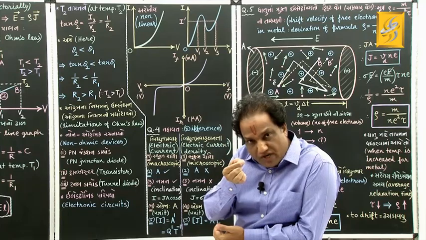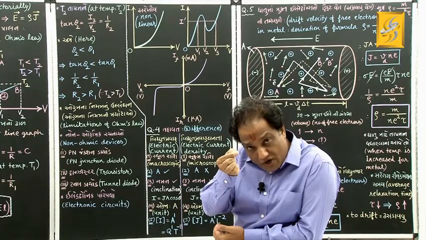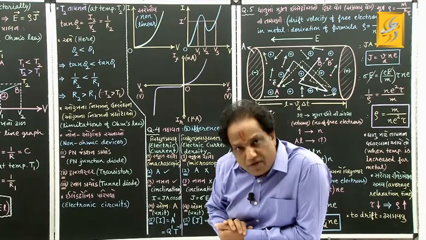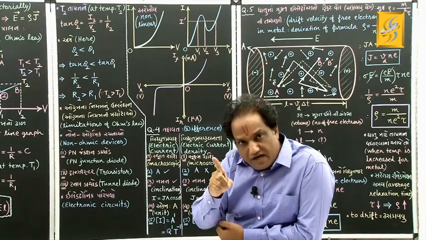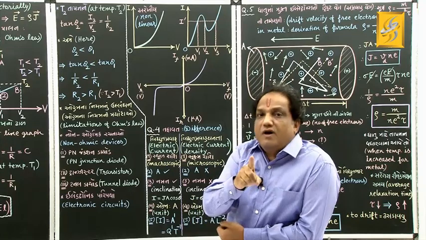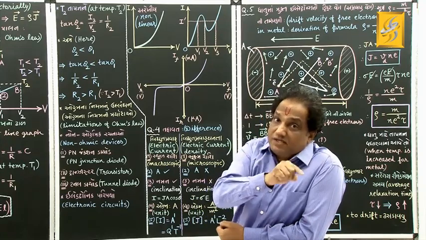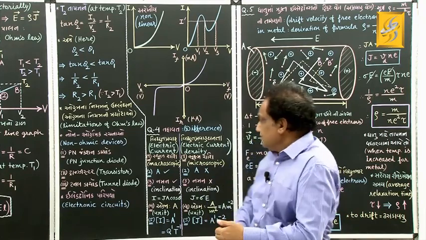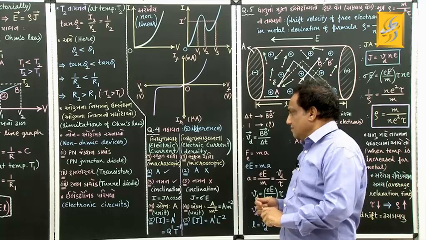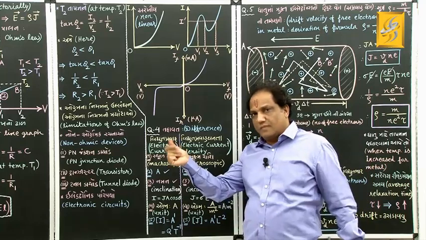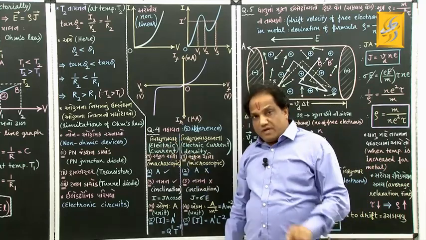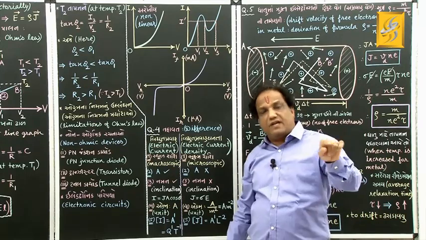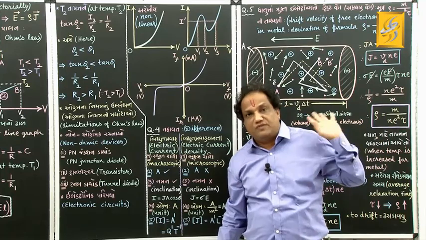A physical quantity which can be defined at a particular point is a microscopic physical quantity. So remember, electric current is a macroscopic physical quantity, whereas electric current density is a microscopic physical quantity.